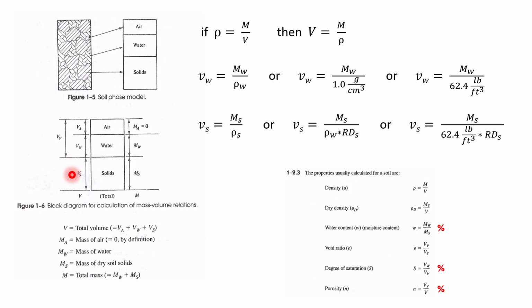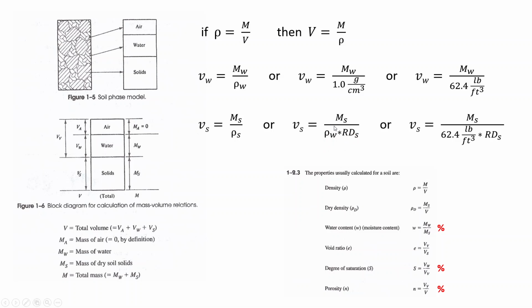Next we're going to come down and solve for the volume of our solids. Again, volume equals mass over density. Volume of soil equals mass of soil divided by density of soil. That can be re-expressed as volume of soil equals mass of soil divided by the density of water times the relative density of that soil. Because, just like we looked at in the previous slide, the relative density tells us how many times heavier something is than water.